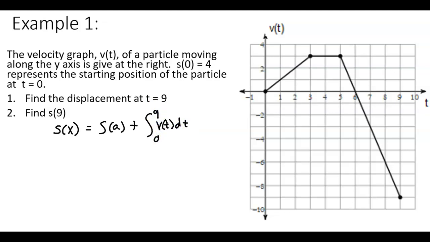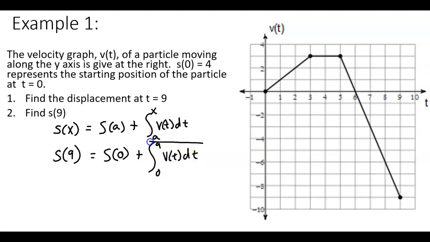So before I put 0 to 9 in there, let me back up a little bit. Starting point A, ending point X. Now I want to find out what's S of 9. My starting point is 0. So we're going from 0 to 9. We've already done this. It was negative 1.5.